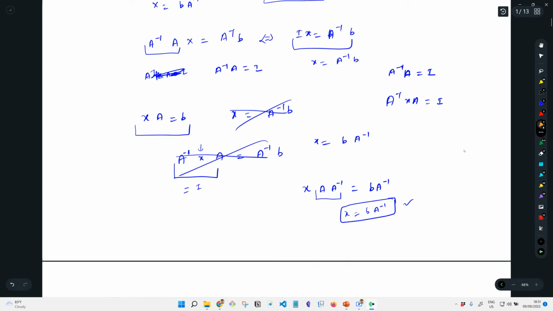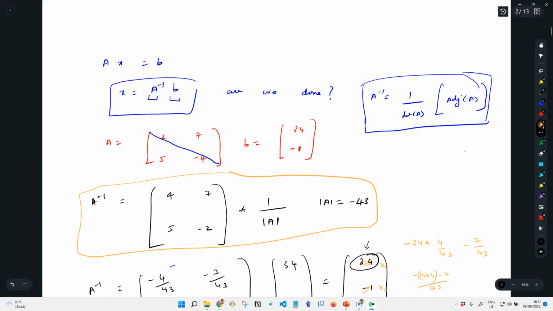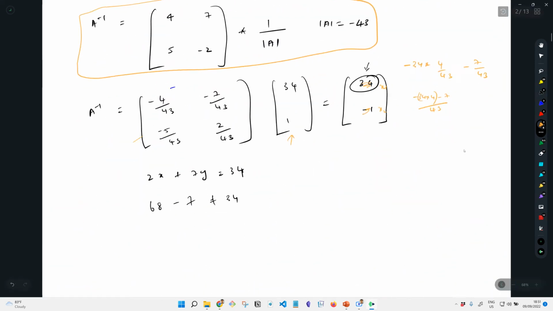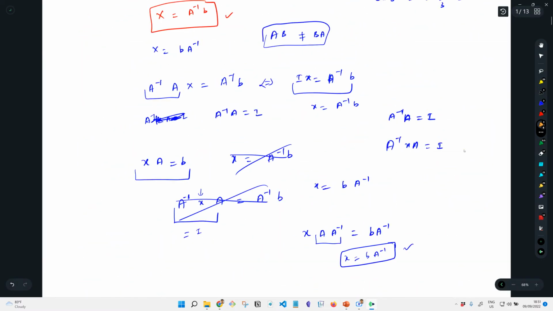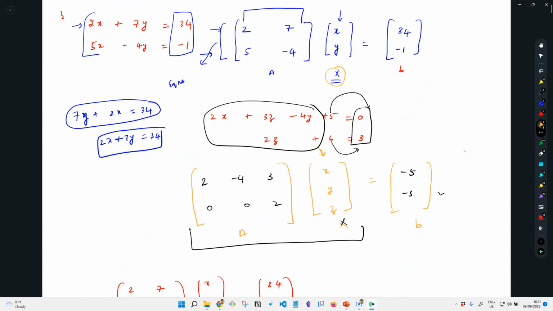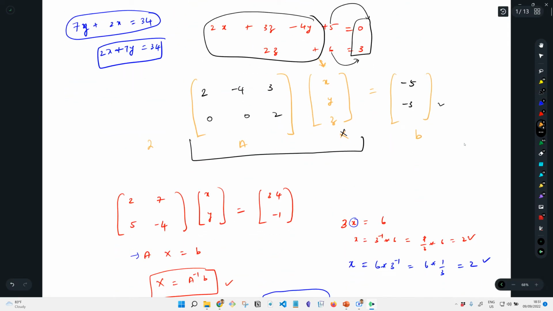Yeah. Okay. Now, for a 2 cross 2 matrix, at least we had a cute trick that gave us the inverse easily, right? Now we also saw another system where you had a 2 cross 3 matrix, right?